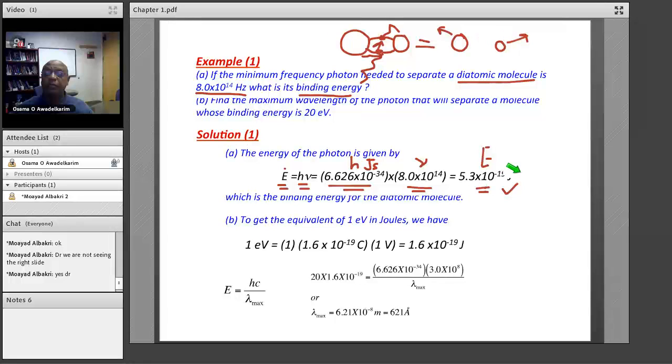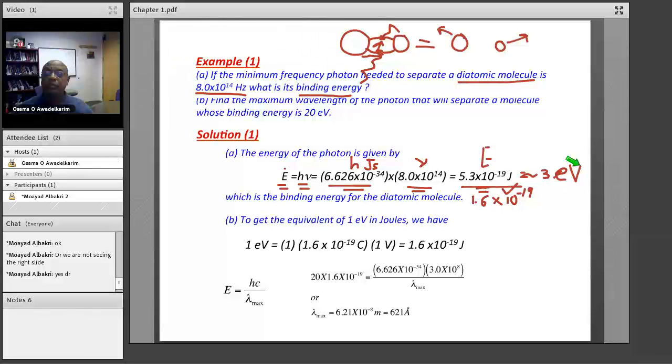In fact, if you divide this by 1.6 times 10 to minus 19, which is the electron volt to joule relationship, you probably get something on the order of 3 electron volts. So the binding energy of this molecule is about 3 electron volts.